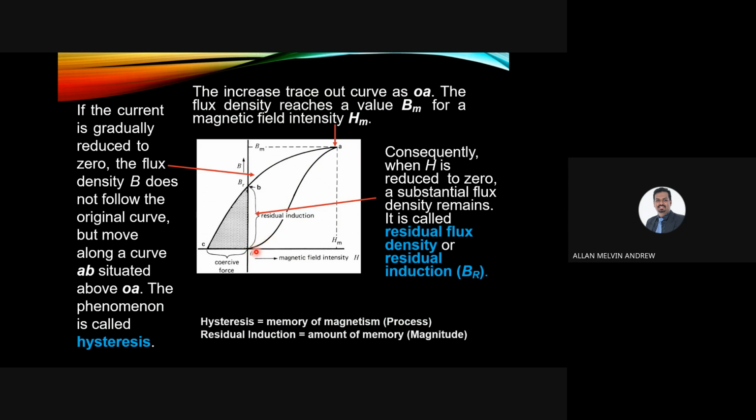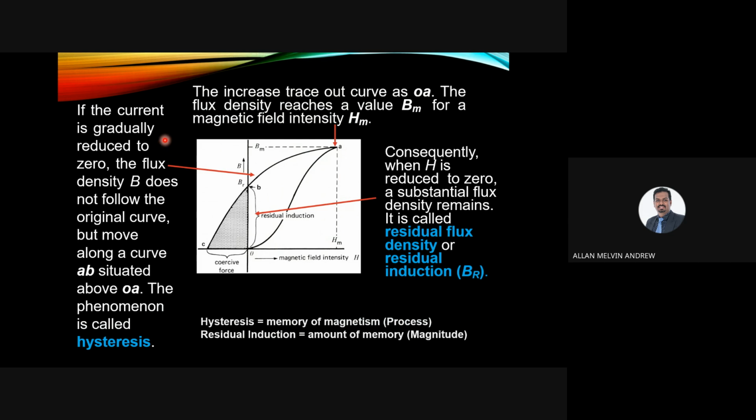It will start from zero in the middle and go up to A, slowly increasing. The flux density reaches the value Bm, and this is the magnetic field intensity Hm.